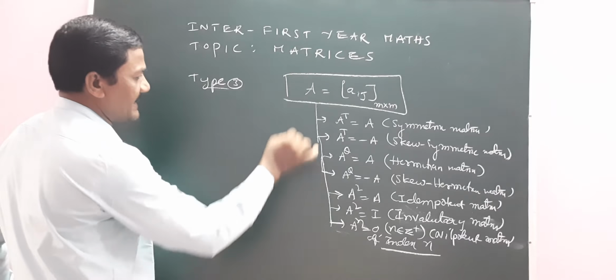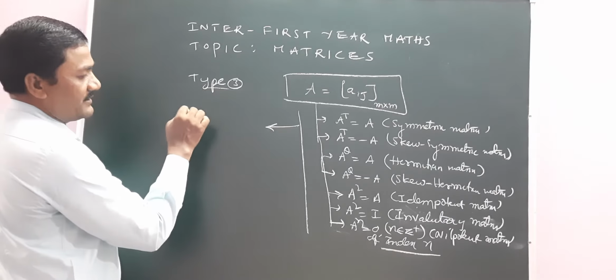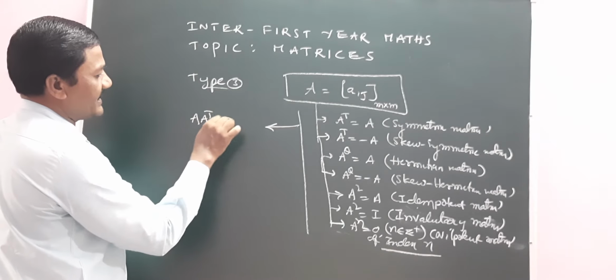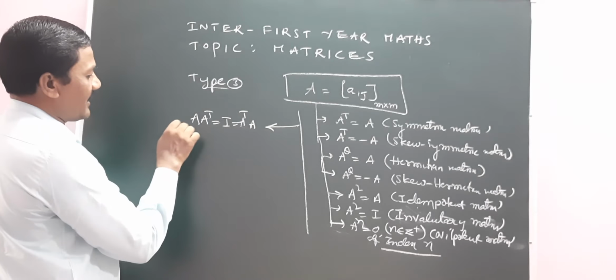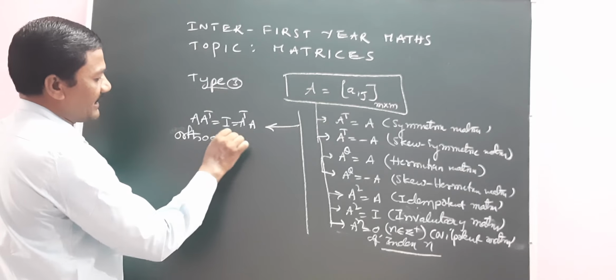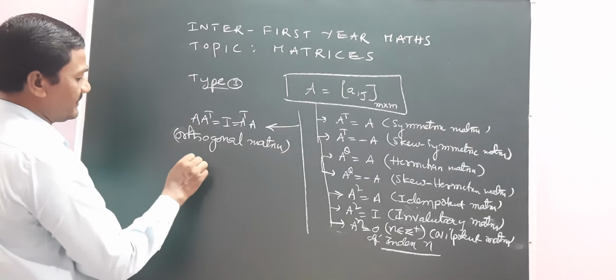And we are also extending another branch. A into A power T is equal to I, which is equal to A power T into A: A is called an orthogonal matrix.